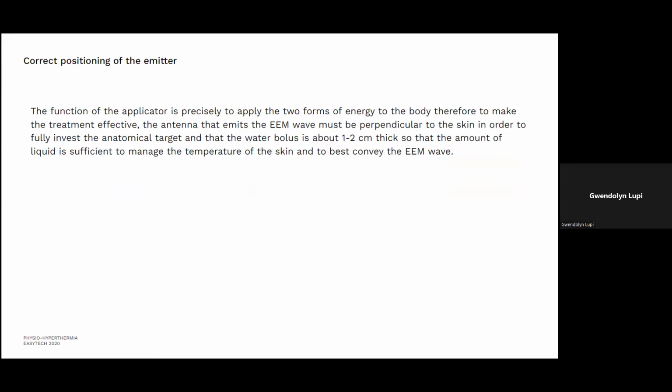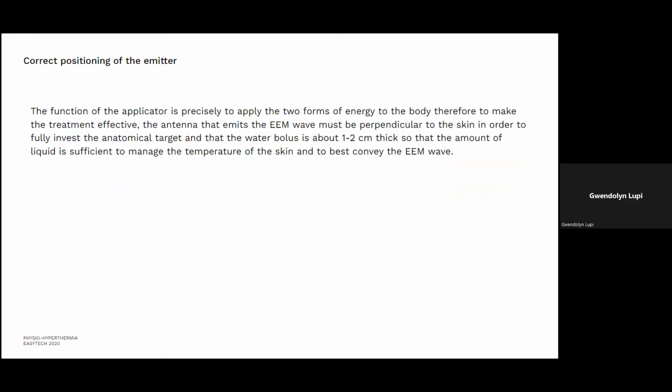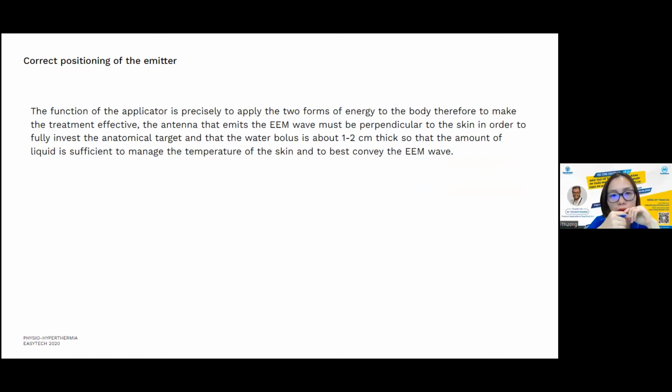This is very important, because you have to treat all the area, to invest the part you want to treat. And then the other point to pay attention to is the thickness of the water bag. It means how much do I have to inflate or deflate this bag? So please just remember it should be around 2 centimeters, not too much.